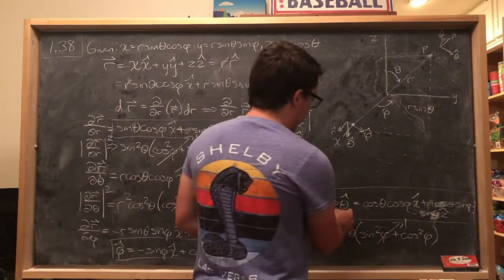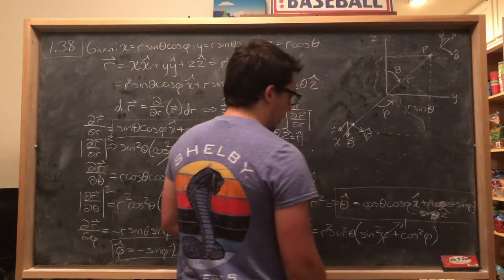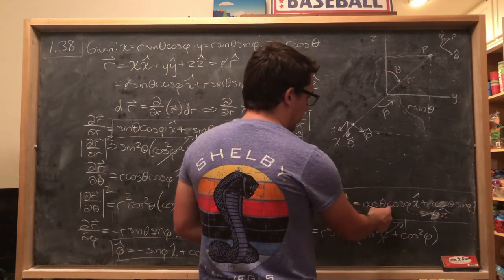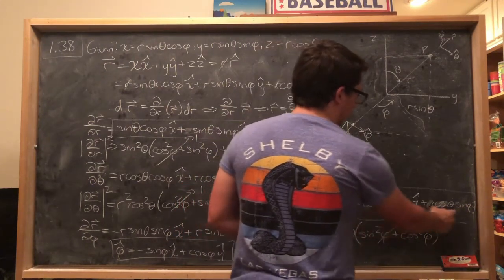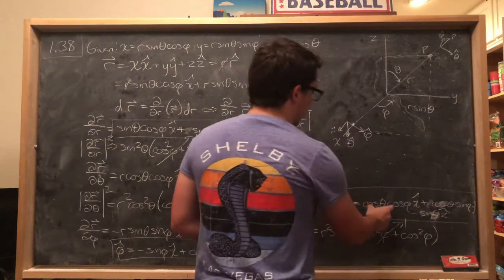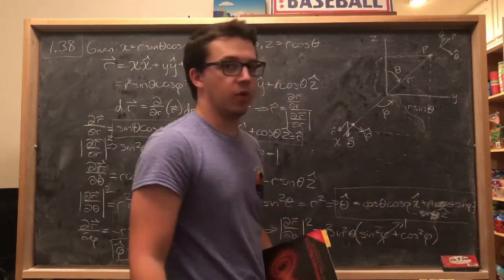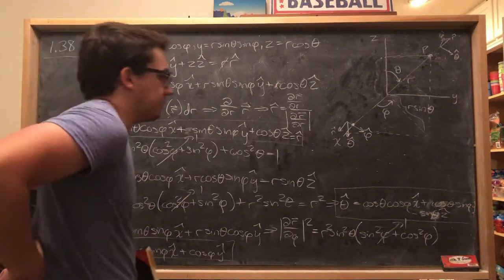So if you took the dot product of theta hat with itself, you would get cosine squared theta. You'd take out cosine squared, because it'd be multiplying the magnitude of cosine squared phi plus sine squared phi, which is 1. So you get cosine squared theta plus sine squared theta, which would be 1. So that is a magnitude of 1. You can repeat that for phi hat and r hat.